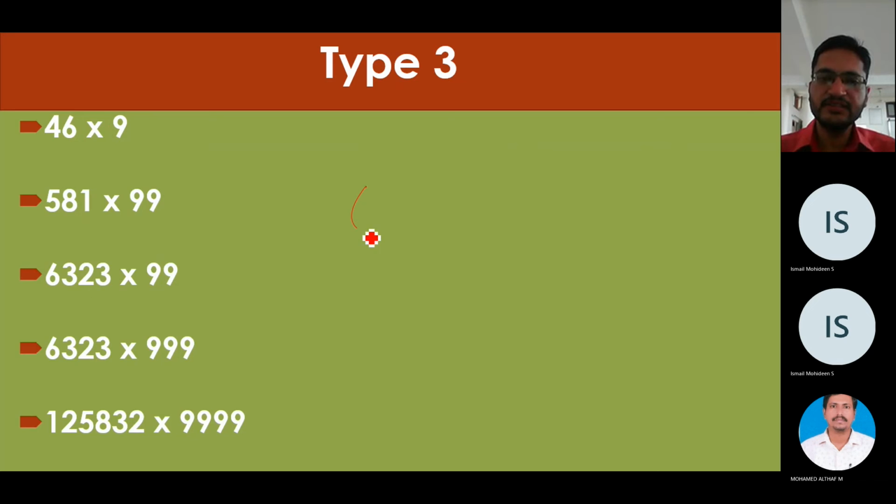Next question, 632399. Here we have 2 nines. So I make a pair of 2 digits from right. Now first of all I will add 1. So that is 64.